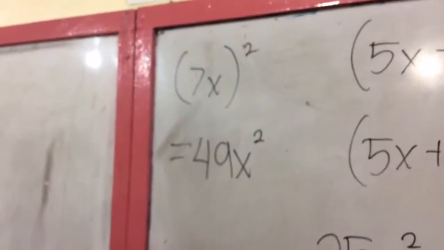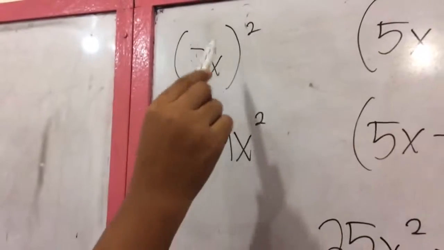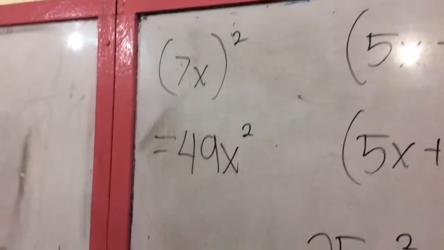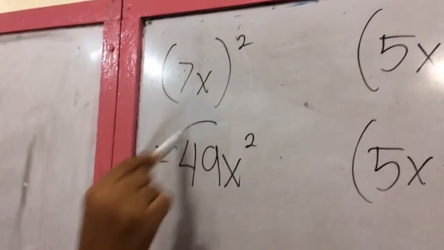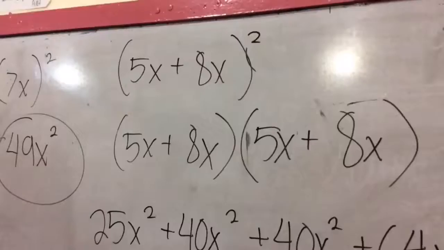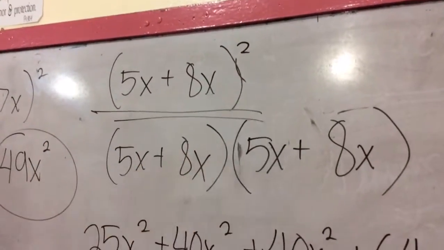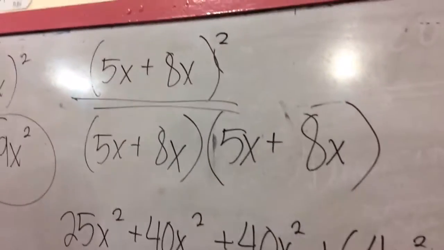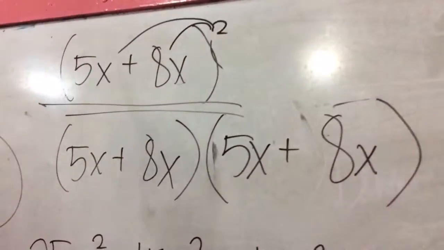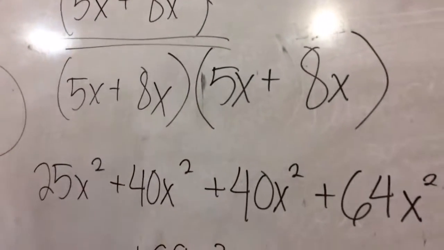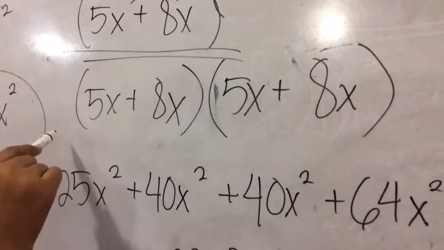Then next example, 7x squared and x squared is of course equal to 49x squared. Now, if you see this example, most of the people mistake the answer by distributing the exponents. What you really do is square it.